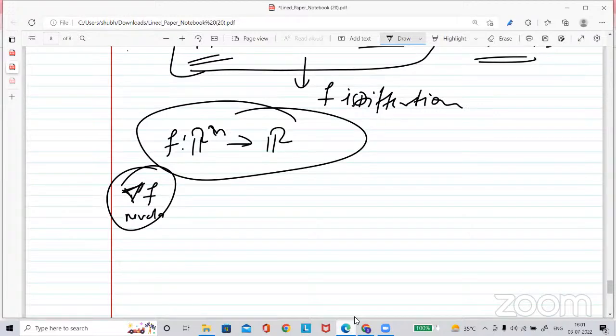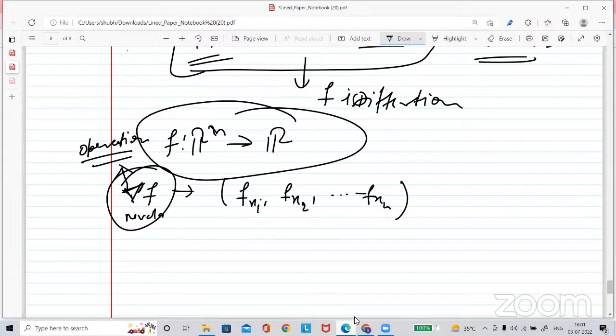So actually you can think of this as an operator. Operator means when you operate on this function, it will convert it to this form. How many partial derivatives do we have?